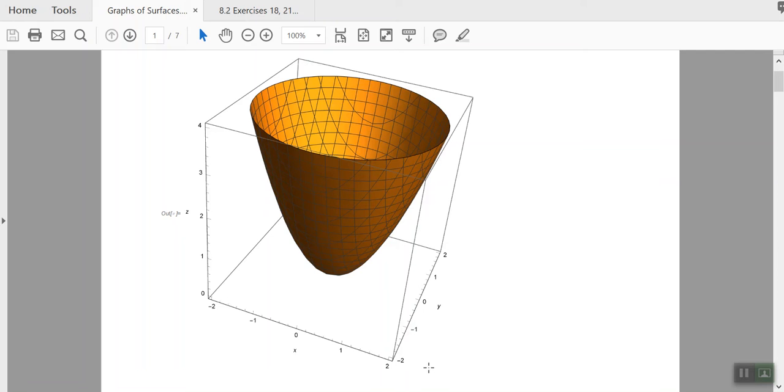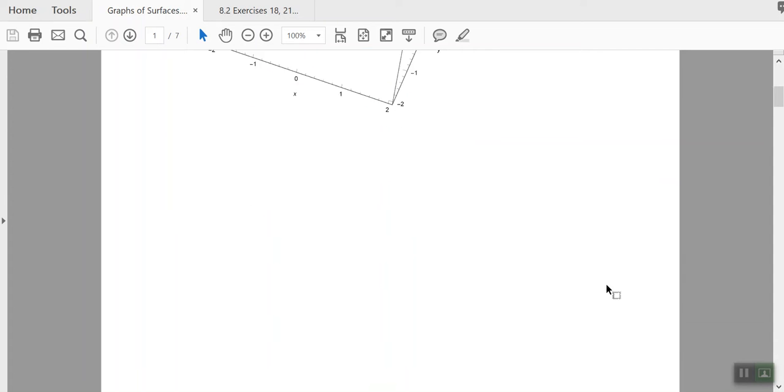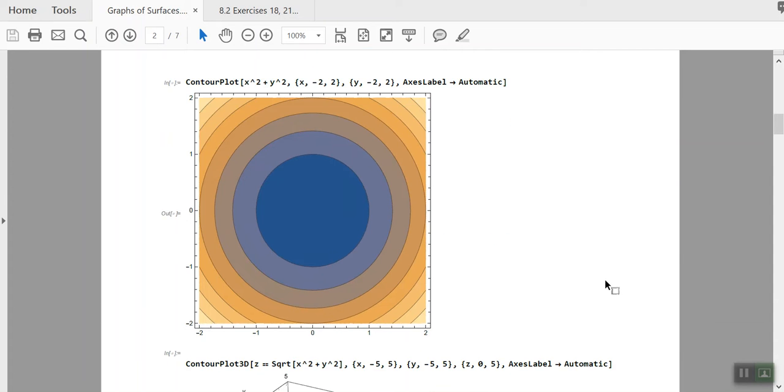Here's the graph of our surface once more. And if you picture slicing this thing horizontally, I think you can see that you would get a circle. In fact, slice the surface at the top of this box here, and you can see a circle. So let me move down here. This is a contour plot.